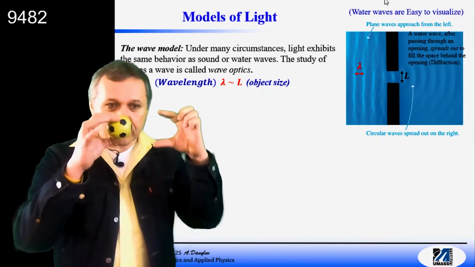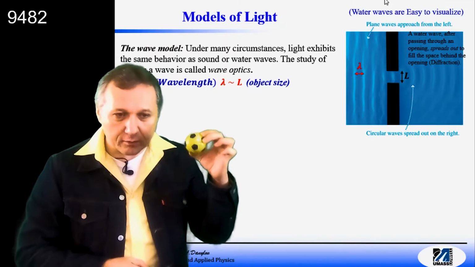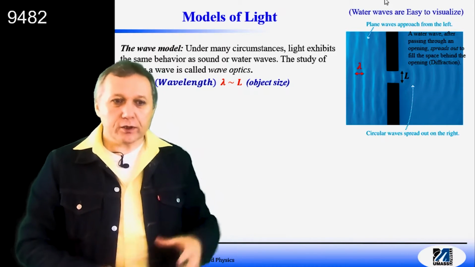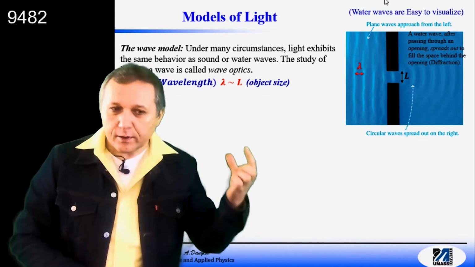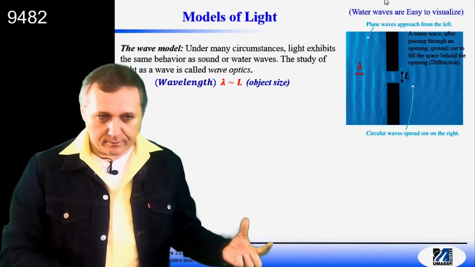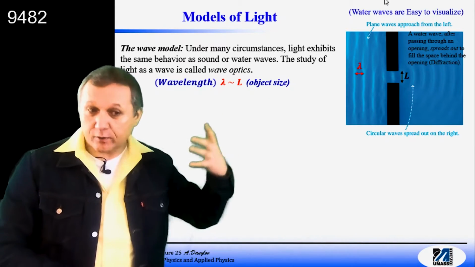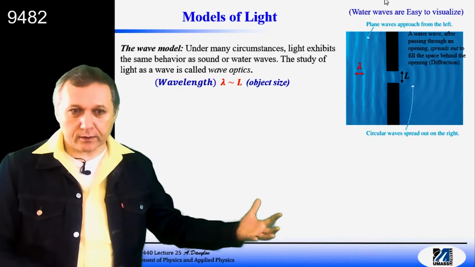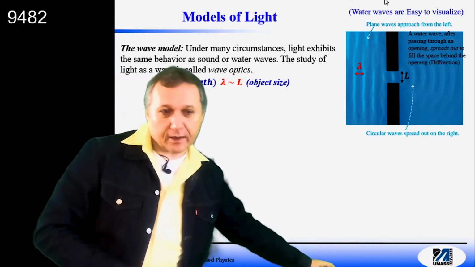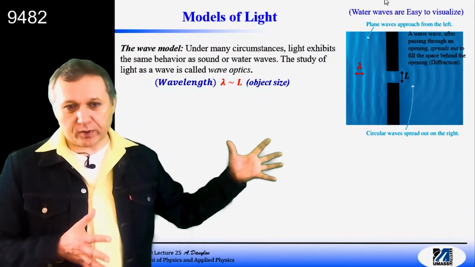In this case, when they interact, there will be lots of wave phenomena around the object, like diffraction and stuff like this, which you can describe only if you treat light as a wave. You have to use what is called wave optics, and that's what we've been doing now, right? So if the wavelength and the size of the objects are comparable, then wave optics must be applied.